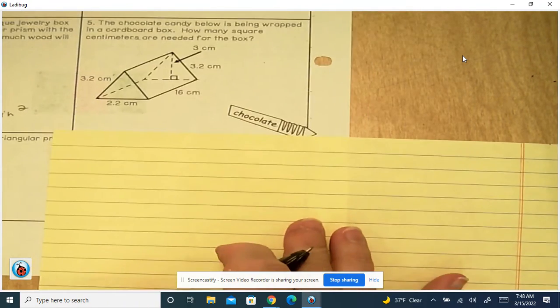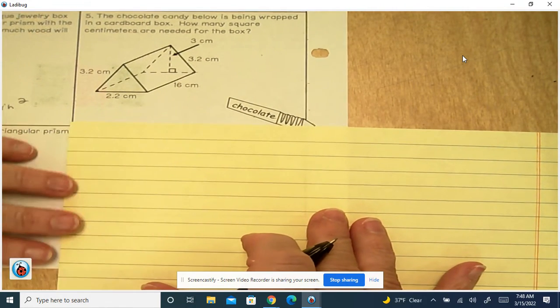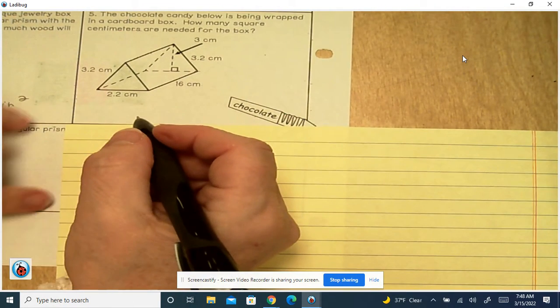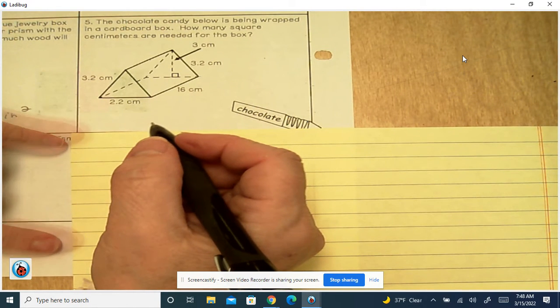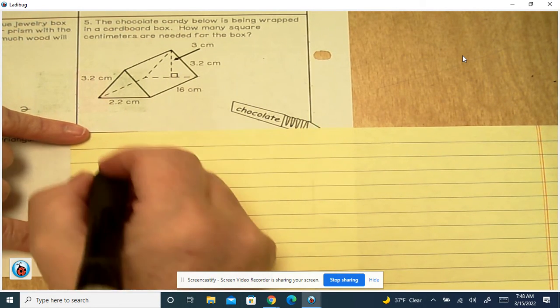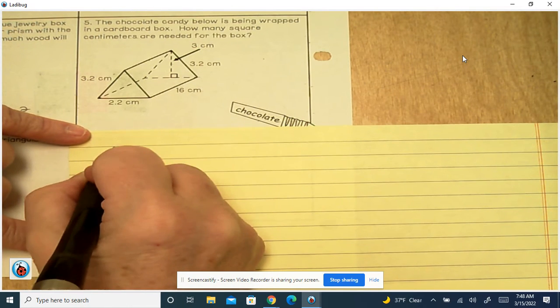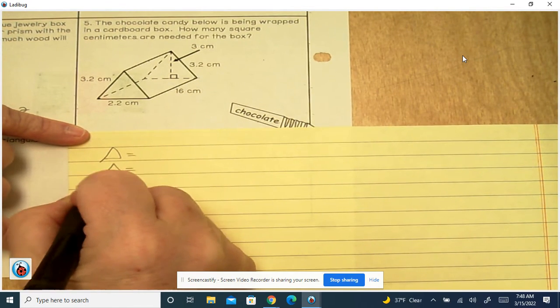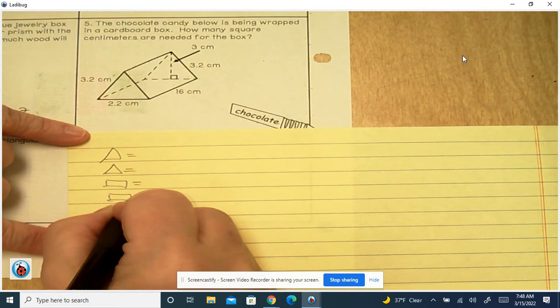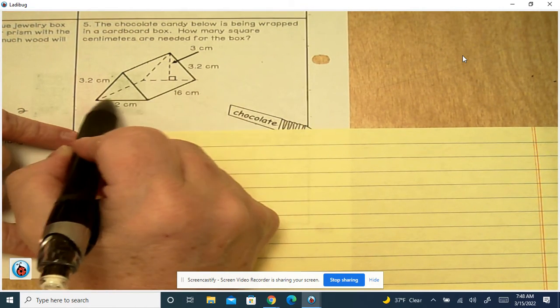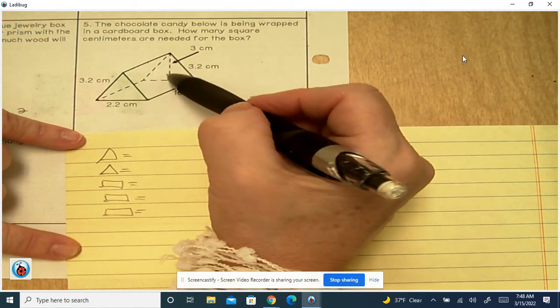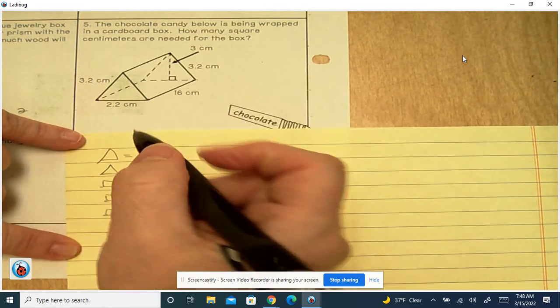All right, and this one over here, chocolate candy below is being wrapped in a cardboard box. How many square centimeters are needed for the box? So we've got 2 triangles, 3 rectangles. Triangle, we got a base of 2.2 and a height of 3.